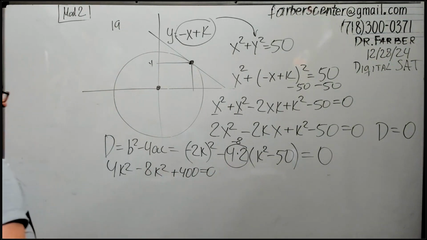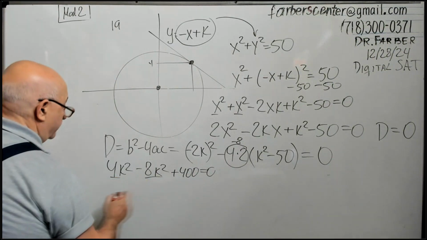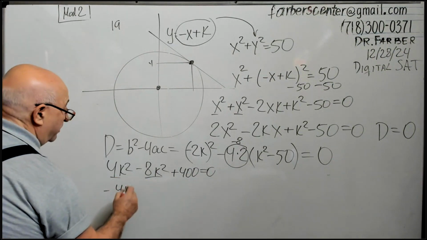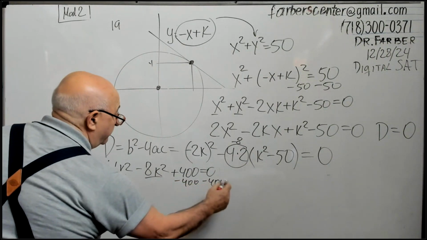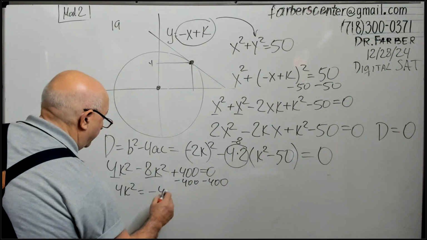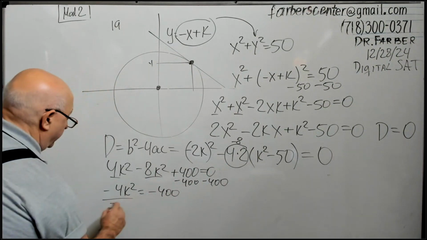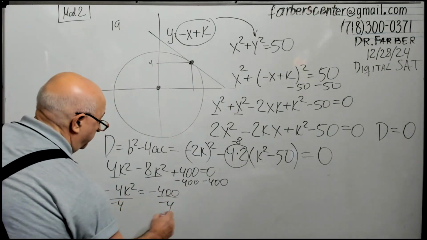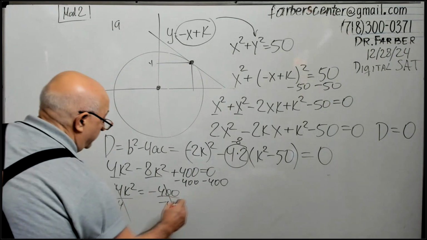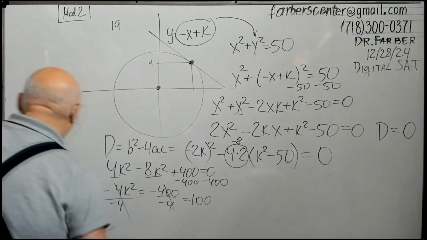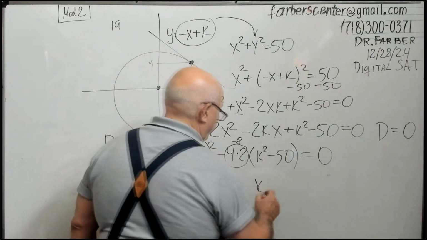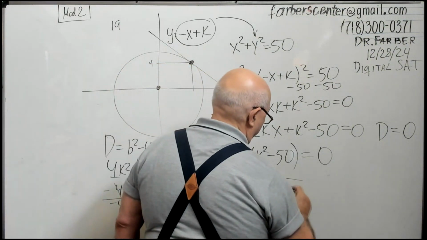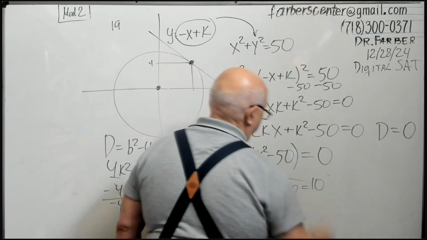Now when you combine like terms, you have negative 4k squared and minus 400, and simplify. Equals negative 400. Divide by negative 4 both parts, and this equals 100. And they ask you to find k. K equals square root of 100, which is 10 in this case.